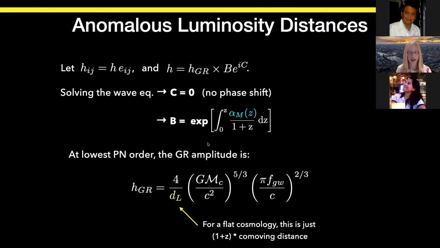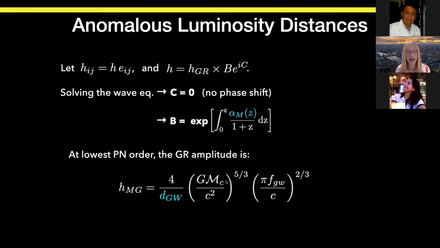So let's do that and see what happens here. The most natural thing when we multiply this through is that it can't really be absorbed into the mass or the frequency because of the power law dependence, but that modification could quite easily be absorbed into a redefinition of the luminosity distance to the gravitational wave source.